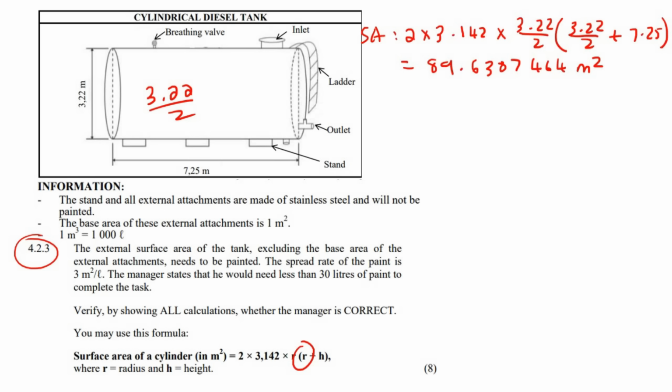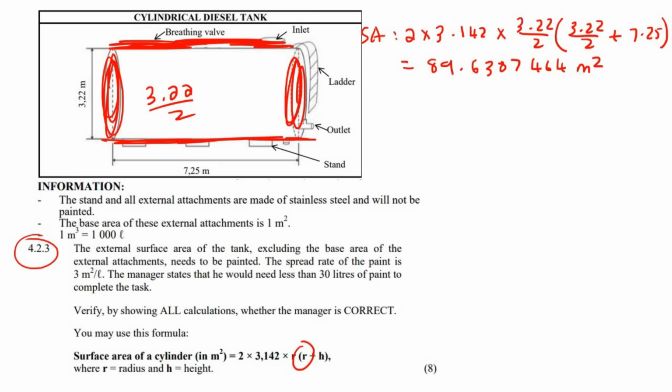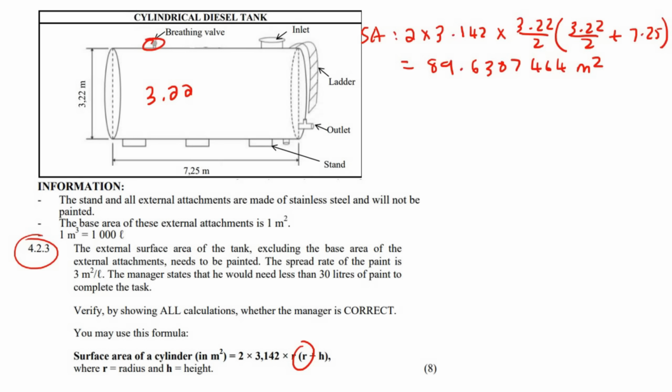But now we've got to be careful. What that just calculated was to paint everything here on the outside, and to paint the entire tank on the outside. But you see how on the outside of the tank there are certain parts that we don't have to paint. For example, the breathing valve, the inlet, the ladder, the outlet, the stands. Okay? We don't have to paint all of that.